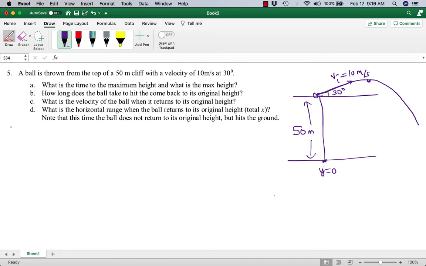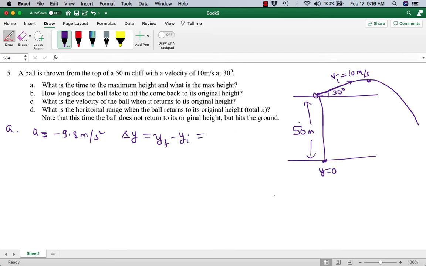So part A, for the maximum height we want to consider the vertical motion. So for vertical motion, a is negative 9.8 meters per second squared, and delta y is y final minus y initial.